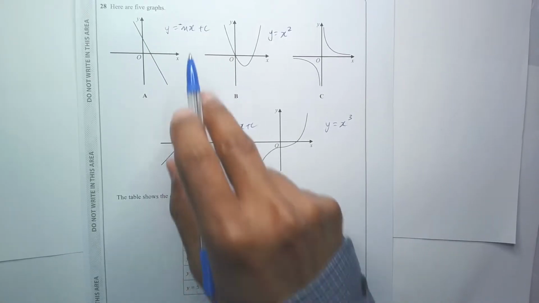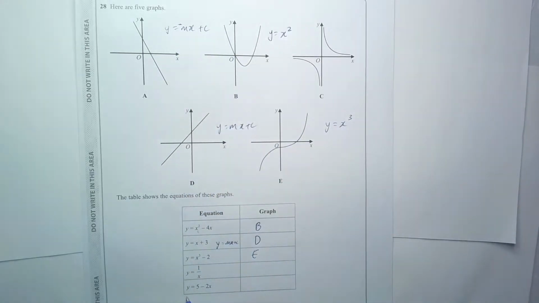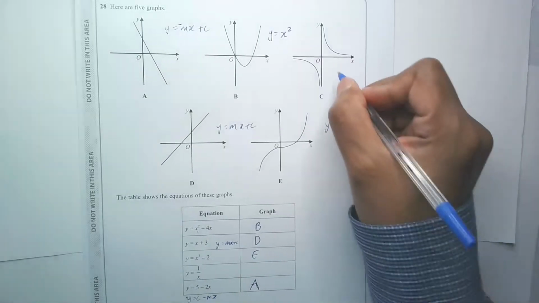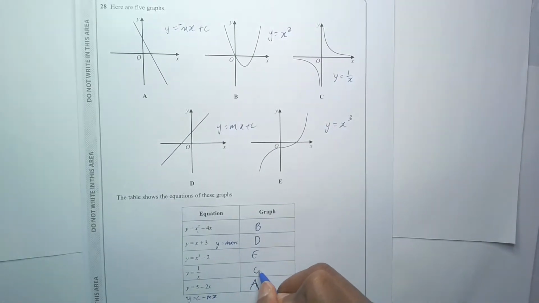So this is y equals negative mx plus c, y equals c minus mx, as you can see. So this is graph A. And so you're left with 1 over x, which is this one here. y equals 1 over x. So sometimes, as I was saying earlier, you can do things by elimination.